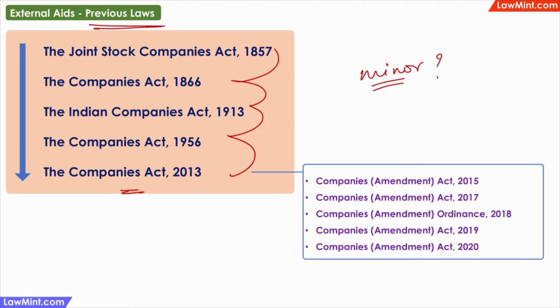Then the courts can look at previous laws on the same or similar subject to see how this term minor has been defined in the past. For example, a previous law may have defined a minor as anyone under the age of 18. The courts could then use this older definition to interpret the term minor in the new statute. In this way, previous laws can be used to provide context, clarify meaning, and also fill gaps in the new statutes.